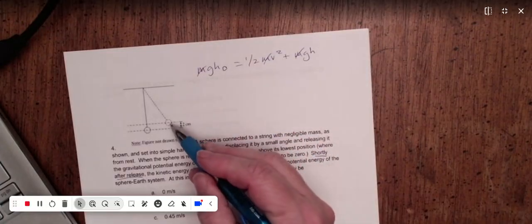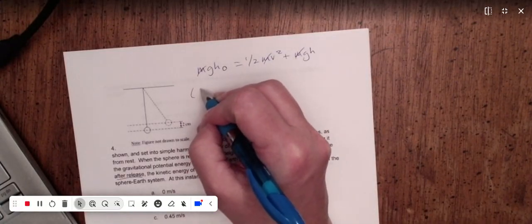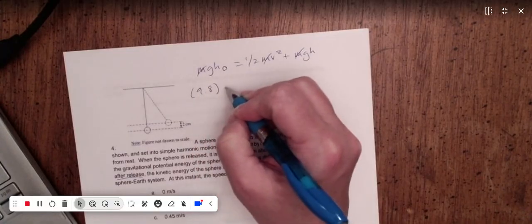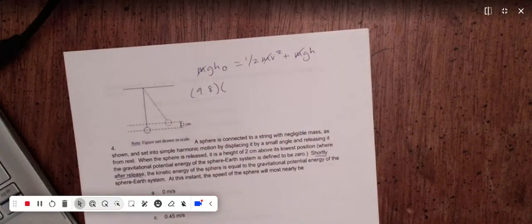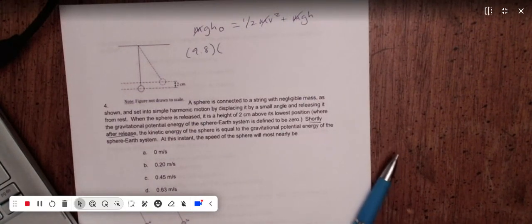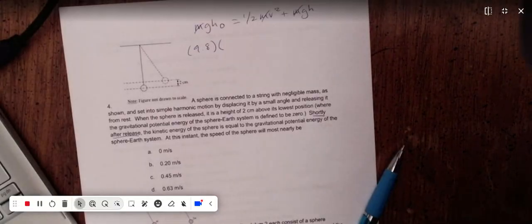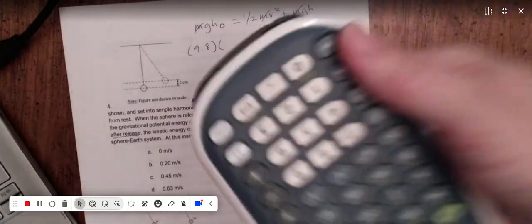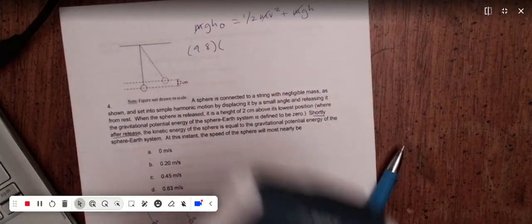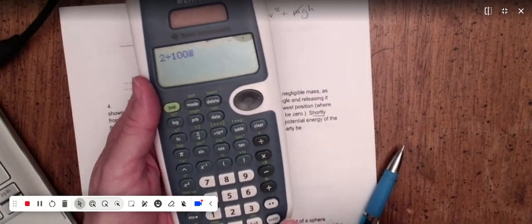We know that our starting height is 2 centimeters. So I'm just going to start filling in values as I go. We've got 2 centimeters, and we have to convert that to meters, right? So let me get my calculator. To convert that, I'm going to divide by 100.